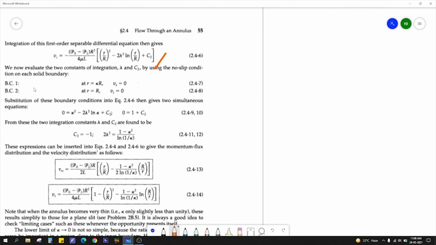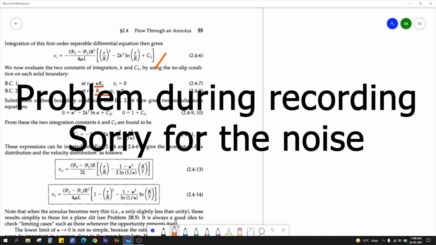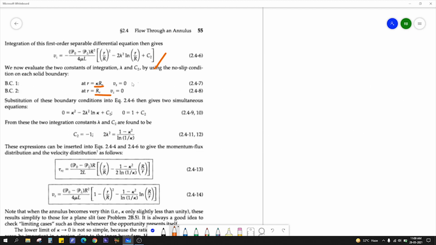As I told you, the boundary condition is velocity 0 at both the walls. The inner wall is at r equal to kappa R. Kappa R was the outer radius of the inner pipe, and capital R is the inner radius of the outer pipe. So at both these points, Vz is 0.